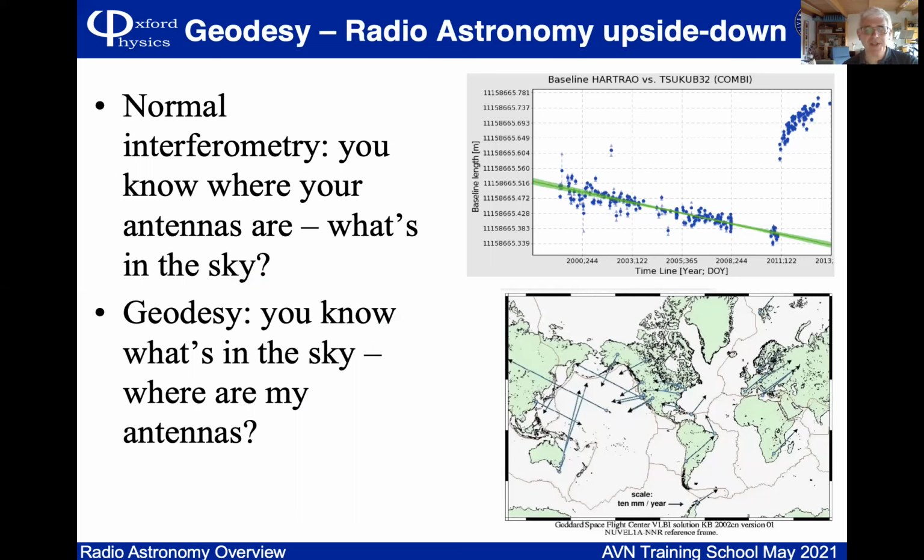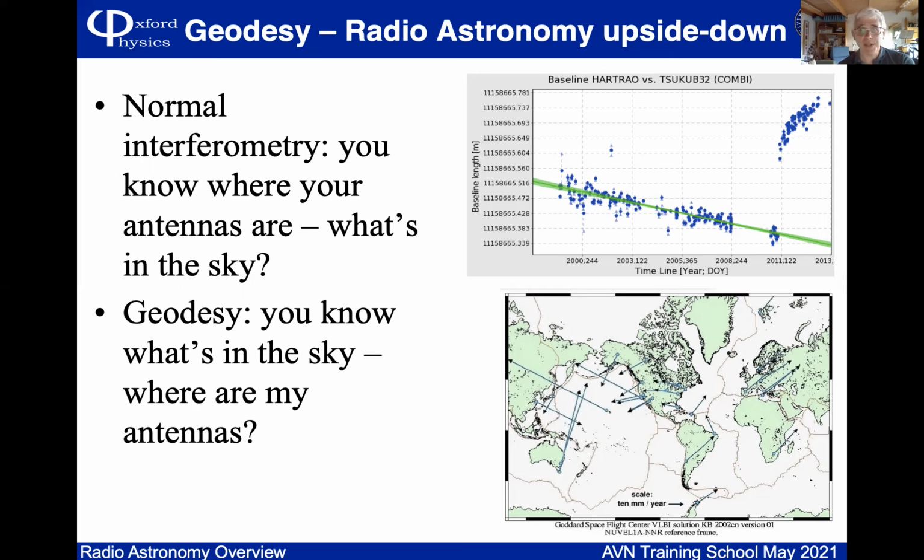The application of radio astronomy in geodesy is to say, I'll just look at a few objects in the sky that I know very, very well what they are. They are bright point sources that are a very long way away. And then you use that to find out where your antennas are.